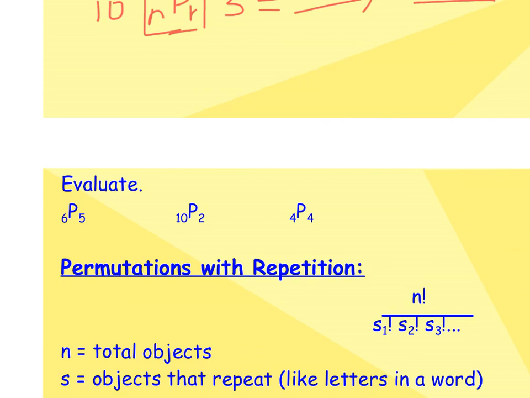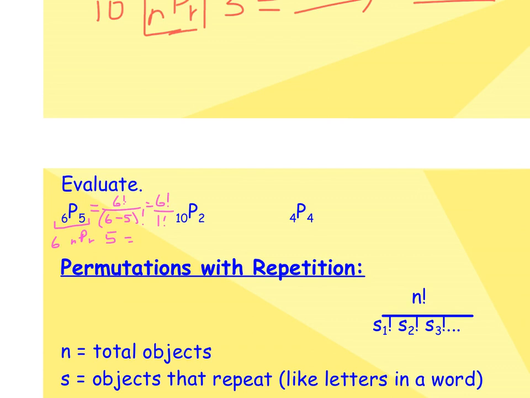To evaluate 6P5, what this means is we would be taking 6 factorial divided by 6 minus 5 factorial, which is just 6 factorial over 1 factorial, which means it's really going to be 6 times 5 times 4 times 3 times 2 times 1. But type this into your calculator, 6, and then the nPr button, and then 5, and press enter.